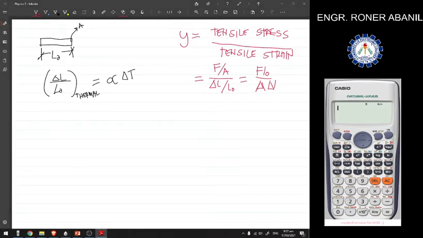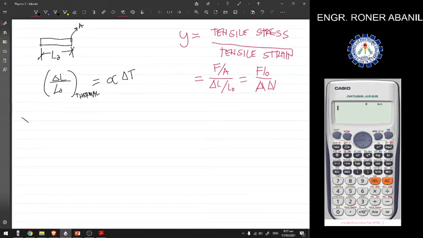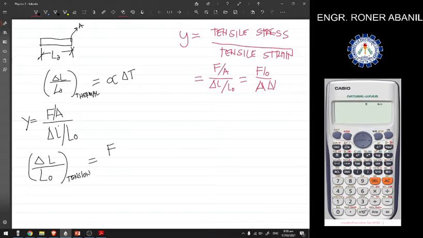So, balik tayo dun sa atin. So, dito naman sa atin, Y is equal to FA, yung kanina, magiging change of L over initial L. So, pwede nating masabi na change of L over initial L or length na tension is equal to F over A Y. Ayun.